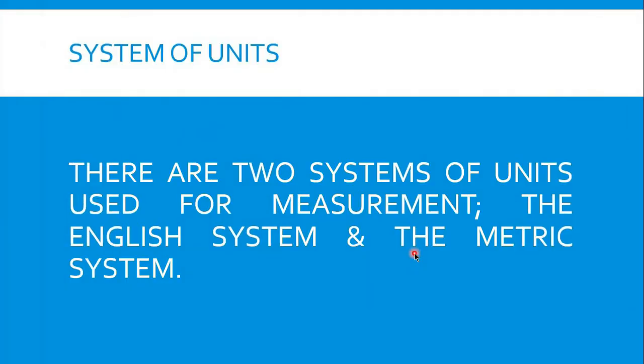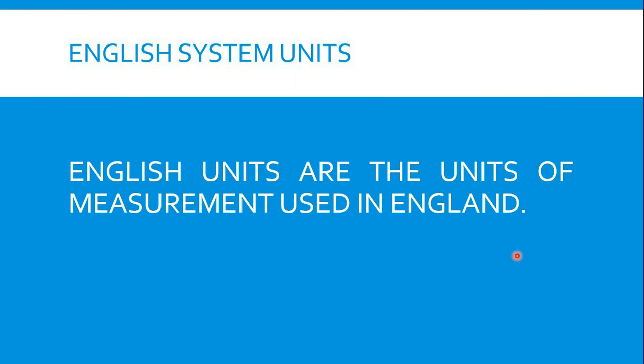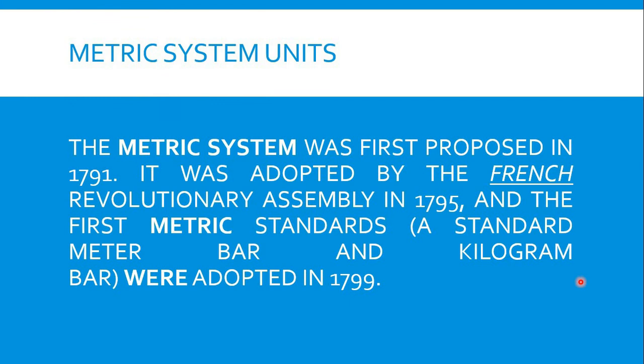So next is the system of units. There are two systems of units used for measurement: the English system and the metric system. The English system units are measurements mainly used in England. Next are metric units.